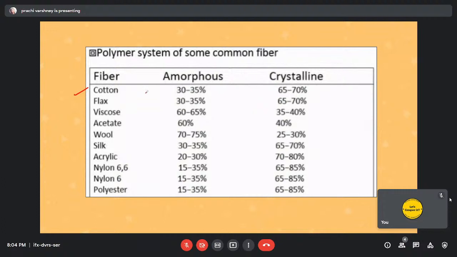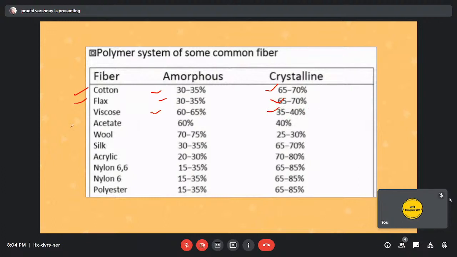Cotton has 30 to 35% amorphous resin and 60 to 70% crystalline resin. Flax is quite similar to cotton fiber, so it has a similar amorphous and crystalline ratio. Viscose has 60 to 65% amorphous resin and 30 to 40% crystalline resin.